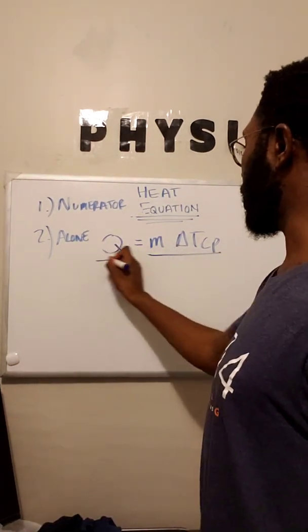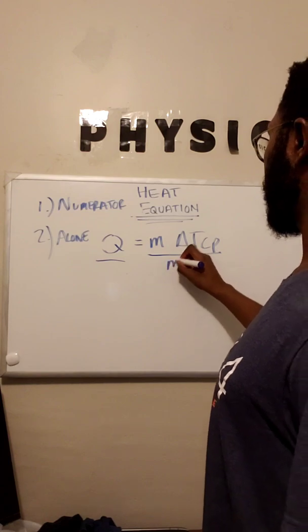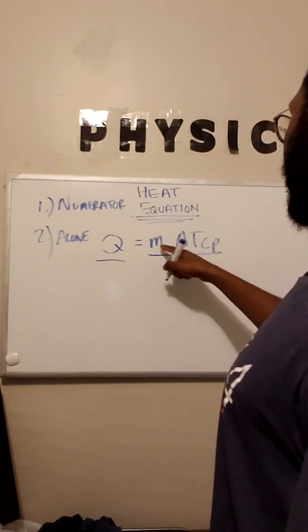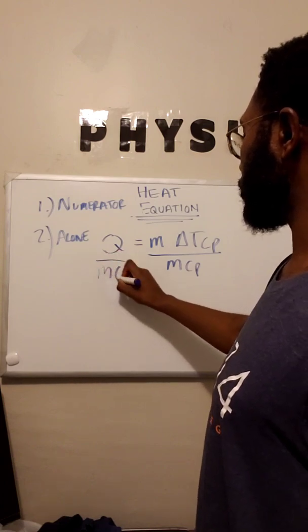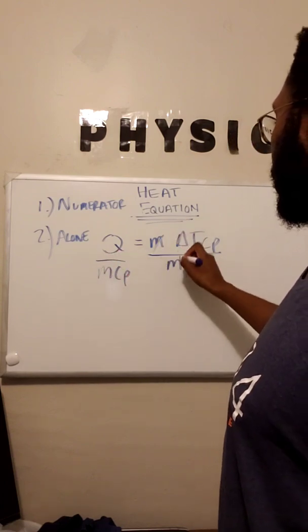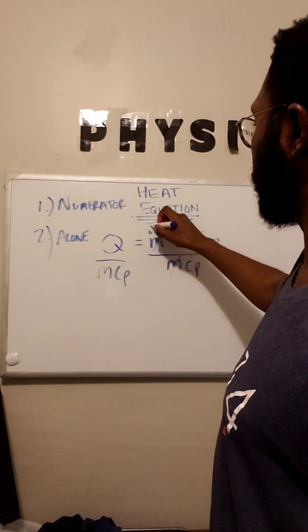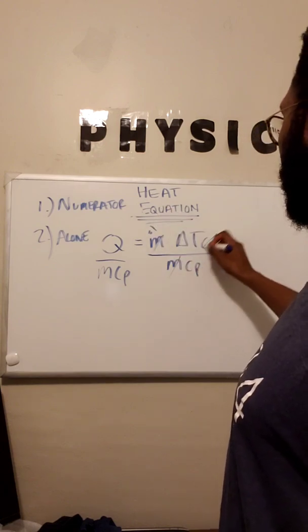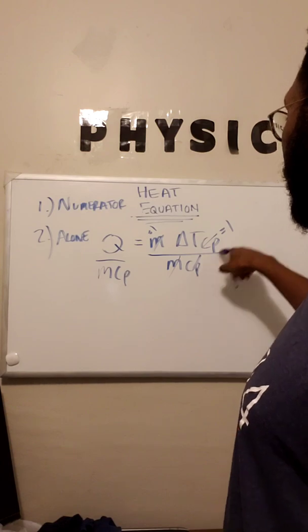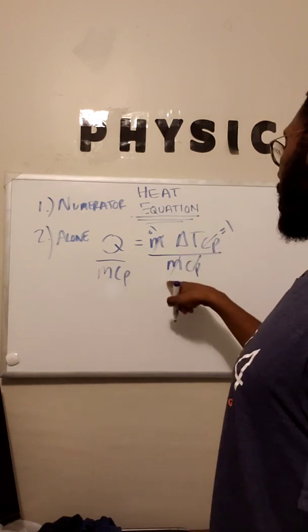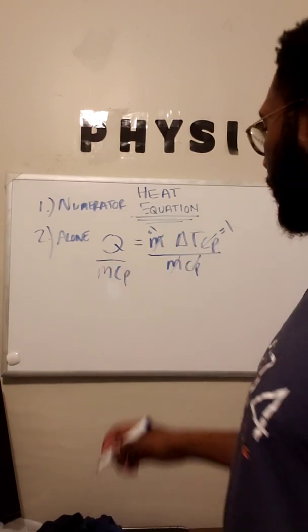So again, we're going to divide and do the opposite. And we can divide by anything up here, and that'll cause it to cancel out. So our M's cancel out and equal 1. And our Cp's also cancel out and equal 1, because we have Cp up top, Cp in the bottom, that equals 1. M up top, M in the bottom, that equals 1.